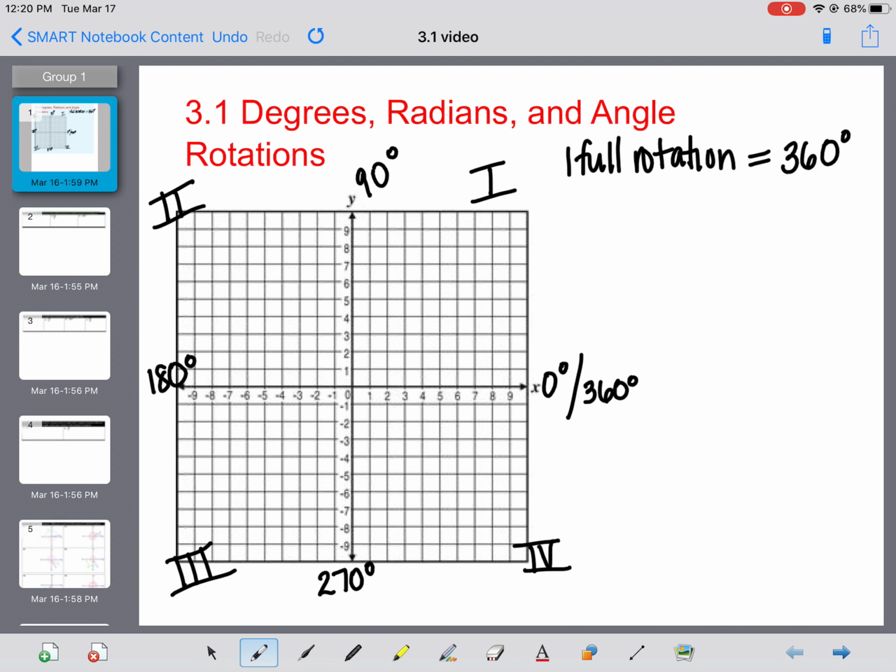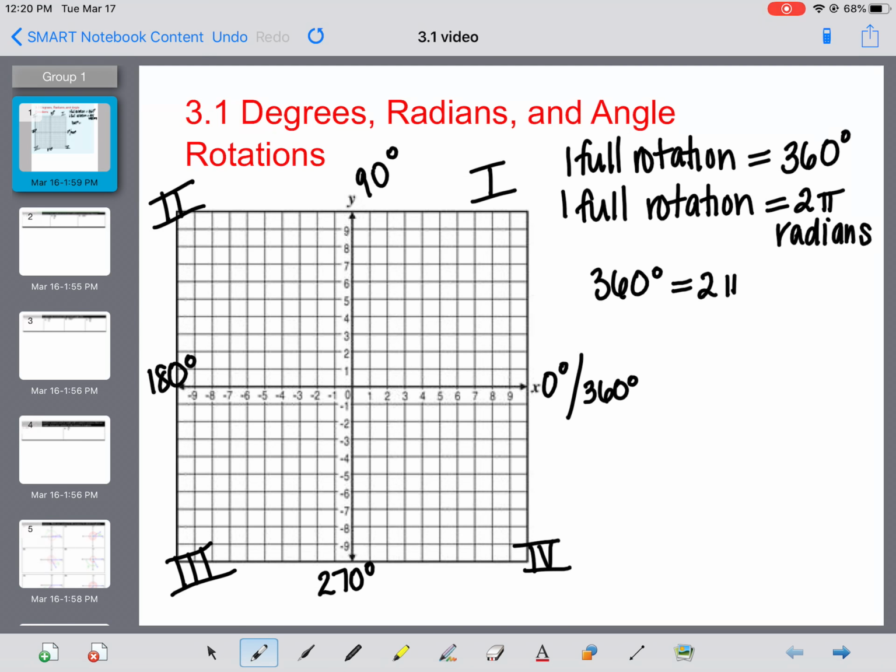Another way that we can measure angles is in radians. So one full rotation also equals 2 pi radians. So that means 360 degrees equals 2 pi radians.